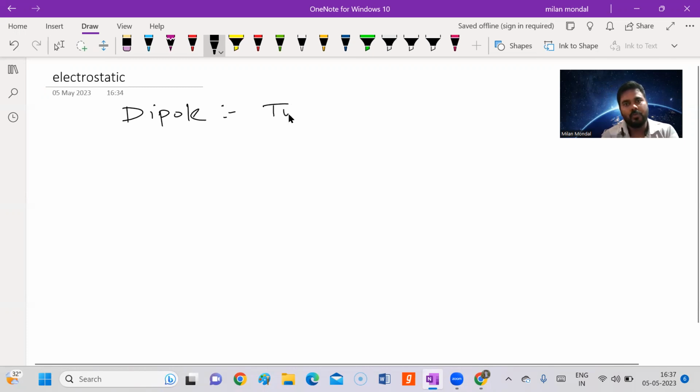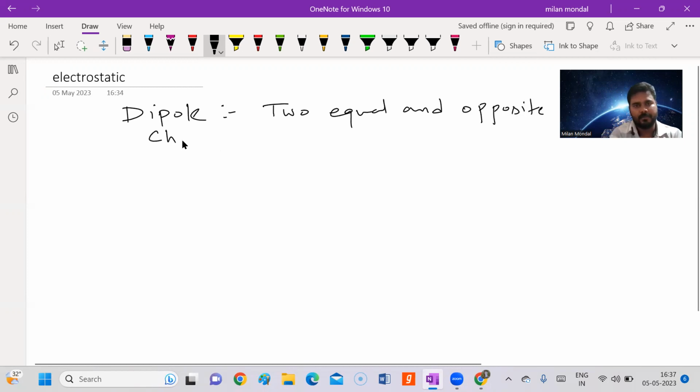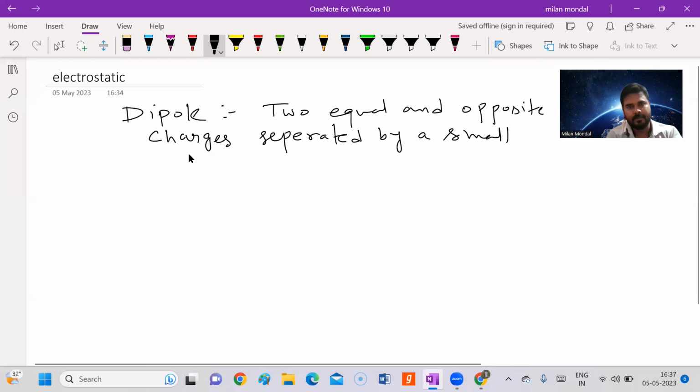So two equal and opposite charges separated by a small distance is called an electric dipole.